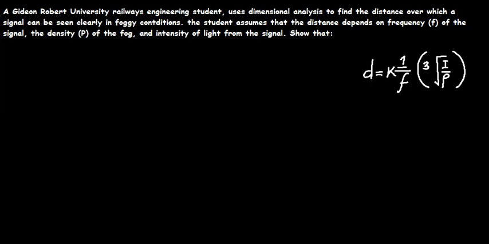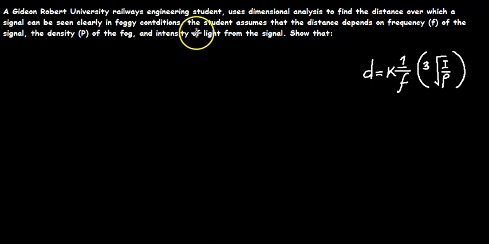So let's assume we are given this kind of problem which says a Gideon Robert University Railway Engineering student uses dimensional analysis to find the distance over which a signal can be seen clearly in foggy conditions.